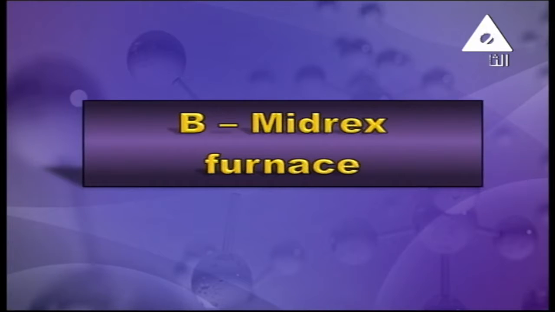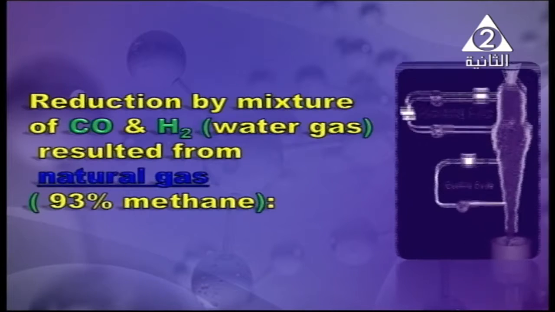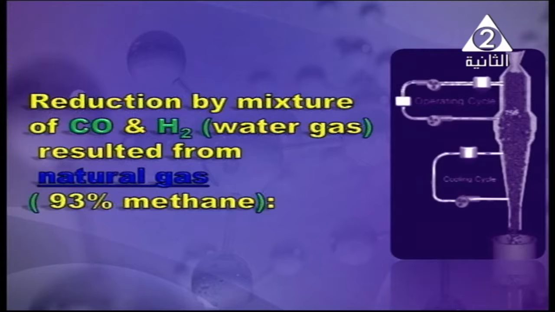The second type of furnace that reduces the iron ore into iron is the matrix furnace. As shown on the screen, the reduction is by a mixture of carbon monoxide and hydrogen, which is called water gas, resulting from natural gas, which is 93% methane gas.